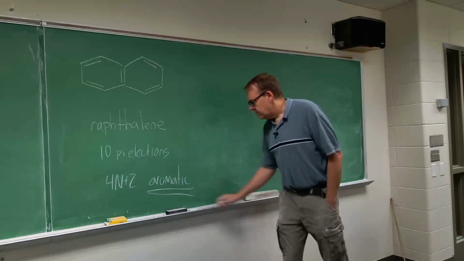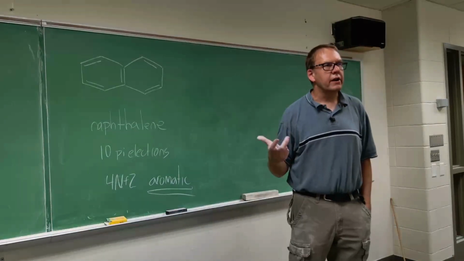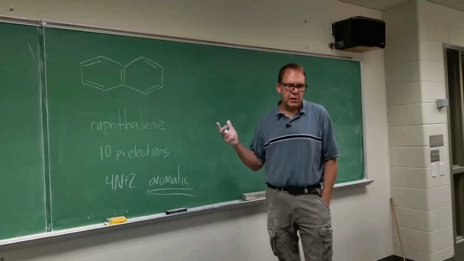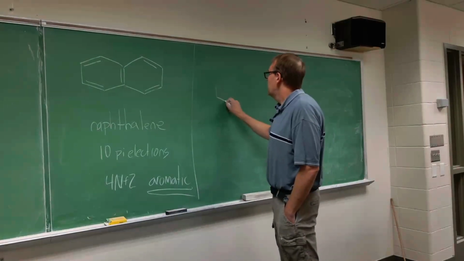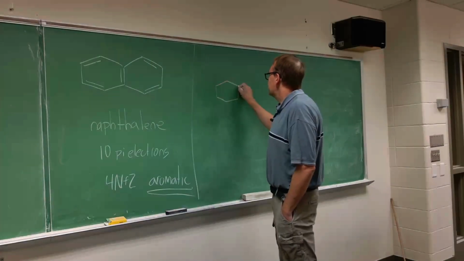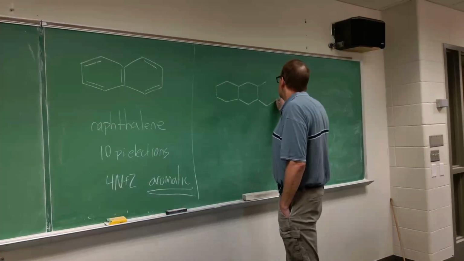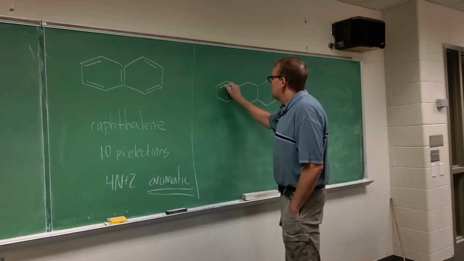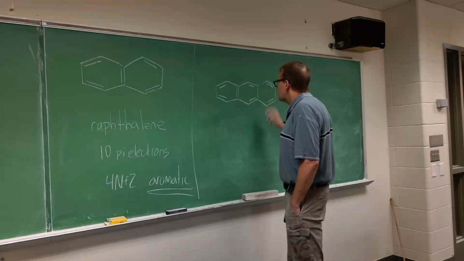So if you're curious about that, when we say aromaticity, we're mostly talking about energy and stability and not so much about smell. Okay, let's look at another one. This one's called anthracene. It's a series of 3 fused rings.